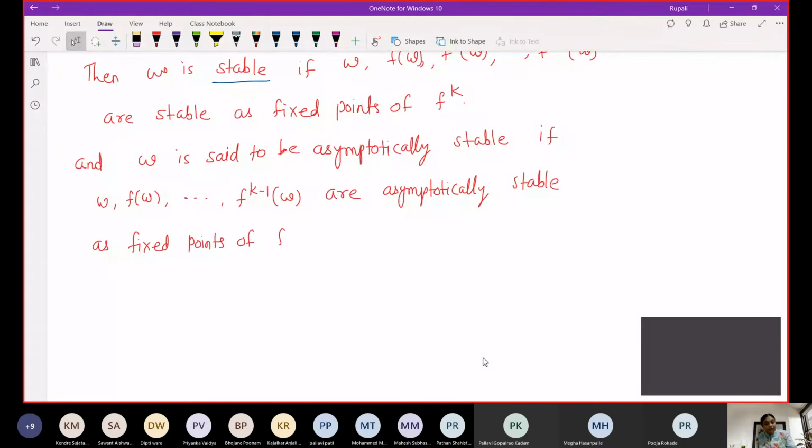Okay, so we have seen the definition of when a fixed point is said to be stable and asymptotically stable, as well as when a periodic point is said to be stable and asymptotically stable.